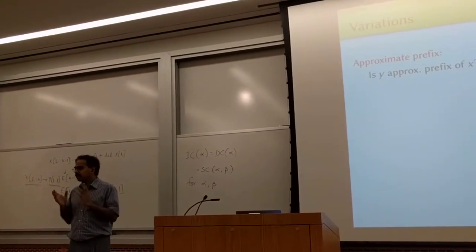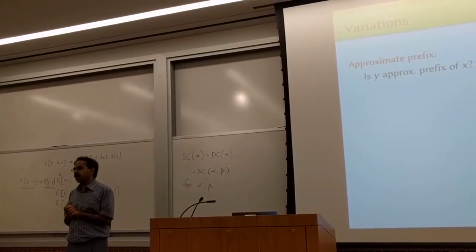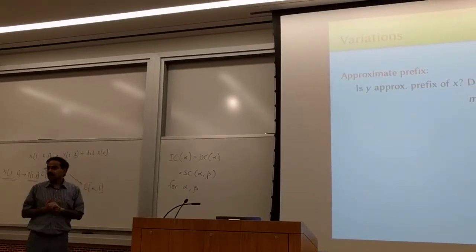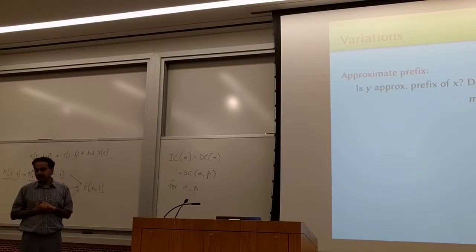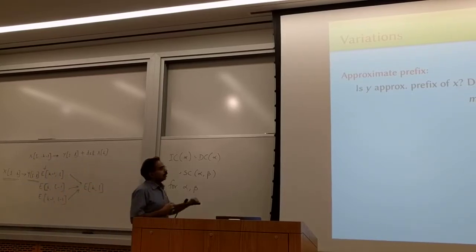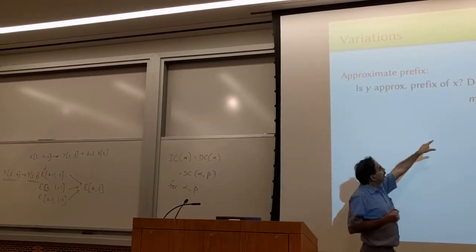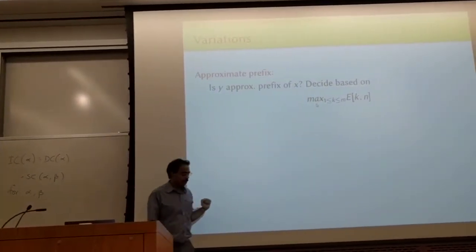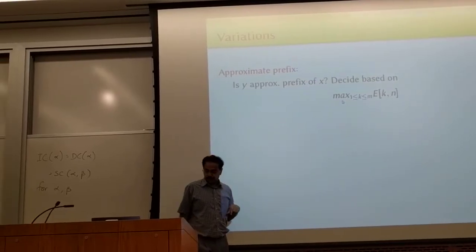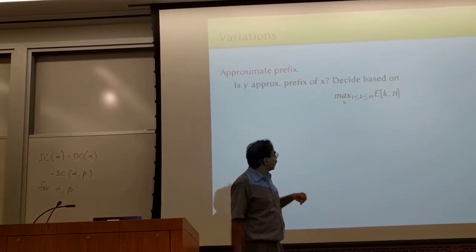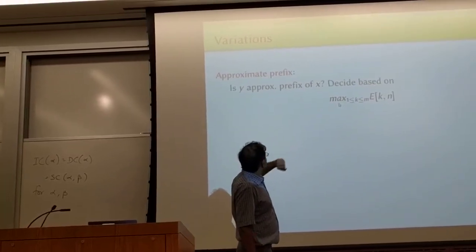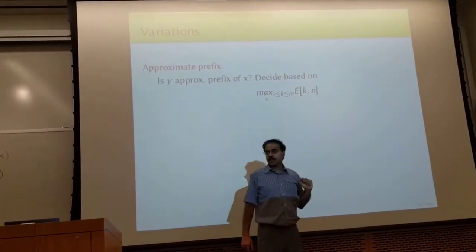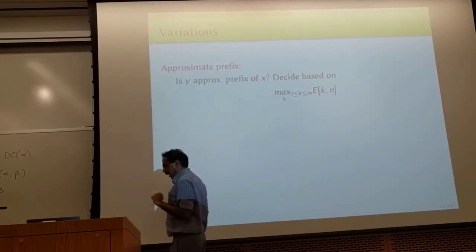We don't know what the k is, because we would like to pick a k such that the edit distance between the prefix and y is minimized. So that's how you identify or compute if y is an approximate prefix of x, and if so, up to what length you have a match.